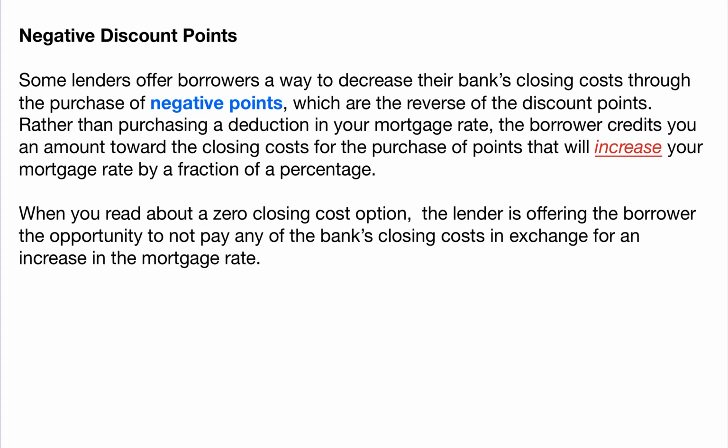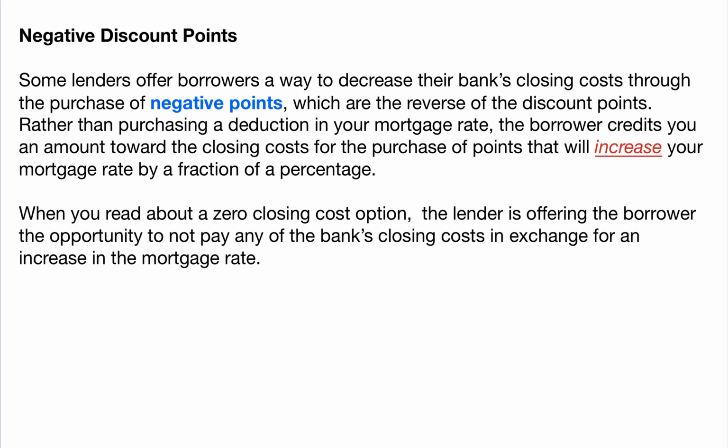Some lenders will offer a way to decrease the closing costs through what's called the purchase of negative points. These are the reverse of the discount points. In other words, rather than purchasing a deduction in your mortgage rate, instead of lowering your mortgage rate, the lender credits you an amount toward the closing costs.